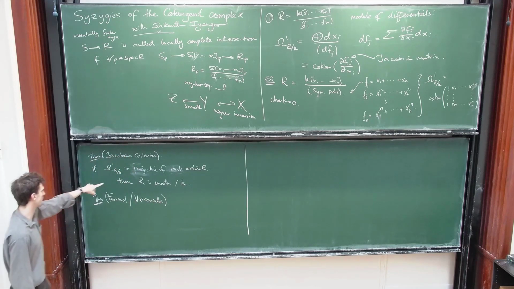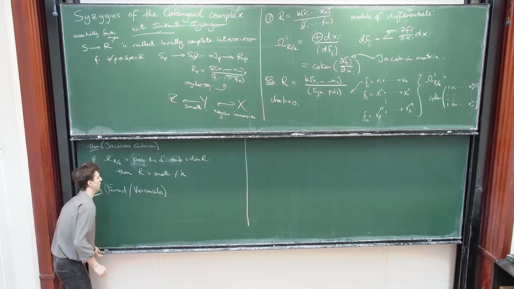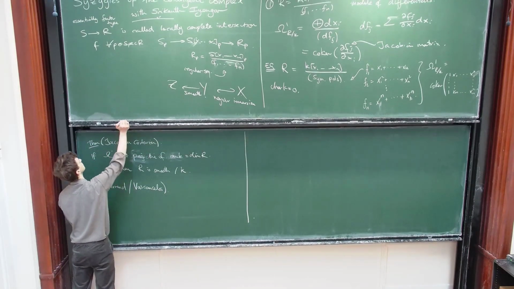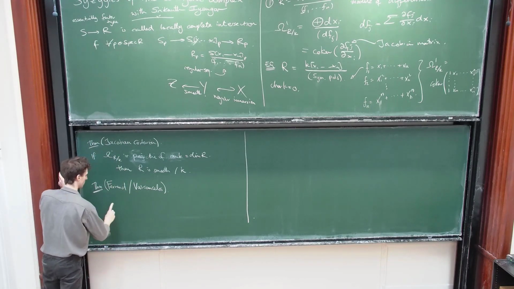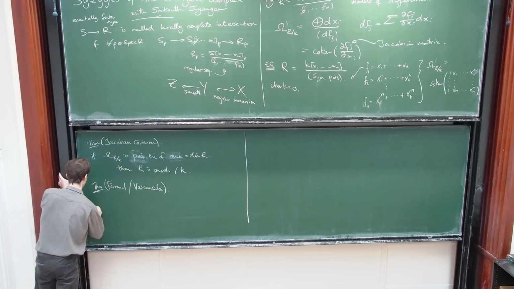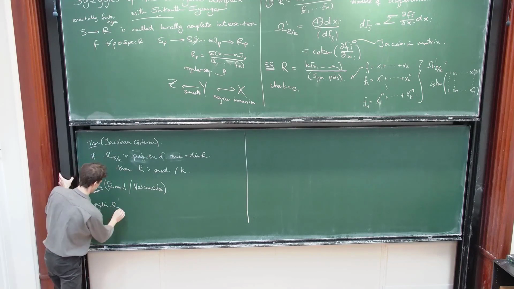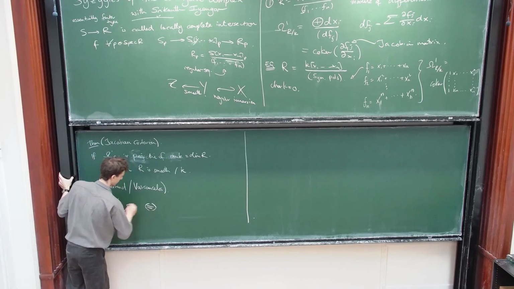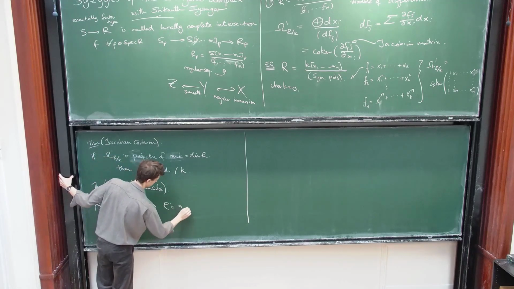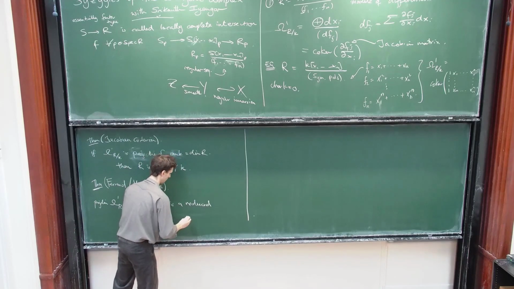Which is weakening this condition correspondingly, which says that in this case, if the projective dimension of the module of differentials is less than or equal to 1, that's equivalent to saying that R is a reduced locally complete intersection.